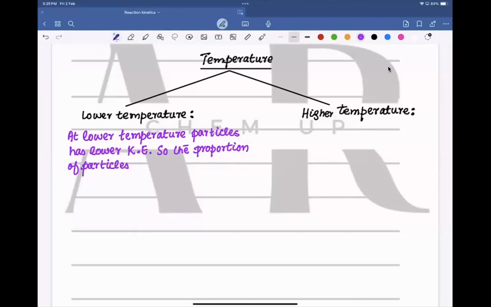So the proportion of particles, for example, if there are 100 molecules and only 20 molecules have energy equal to or greater than activation energy, the proportion of particles having energy equal to or greater than activation energy is lower.